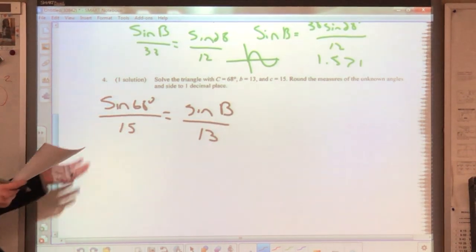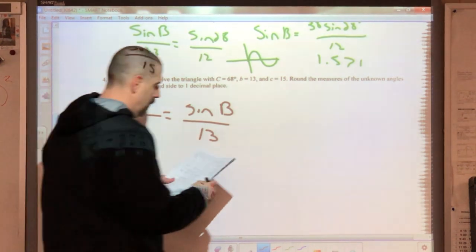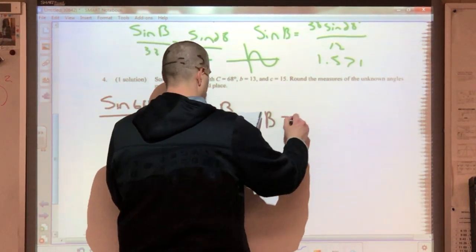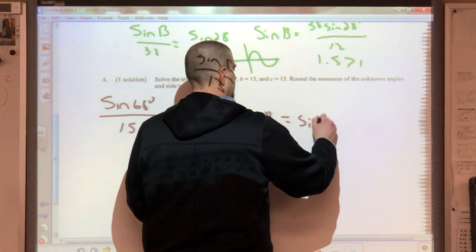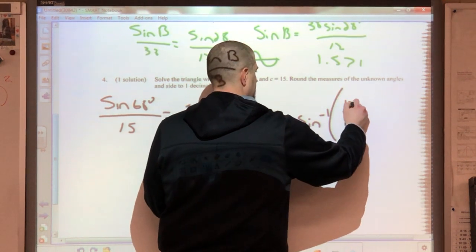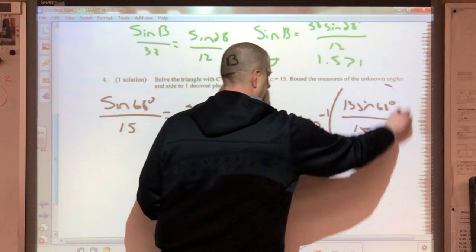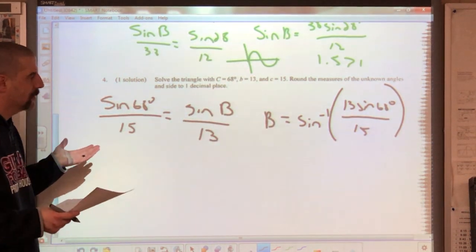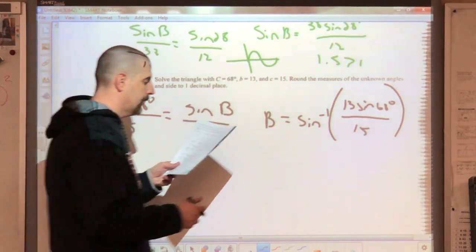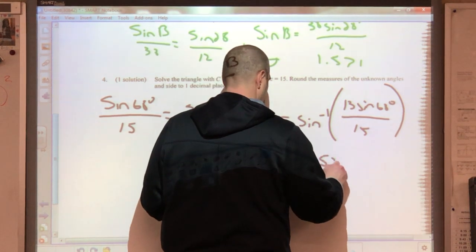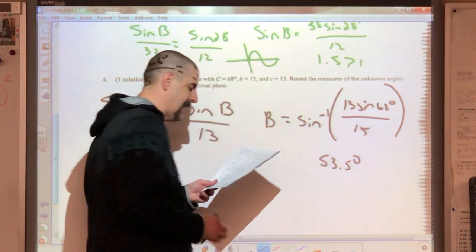Again, we want to solve for B. So B equals inverse sine of 13 sine 68 over 15. Again, I just cross multiplied and solved. Type that in the calculator, you get about 53.5 degrees.